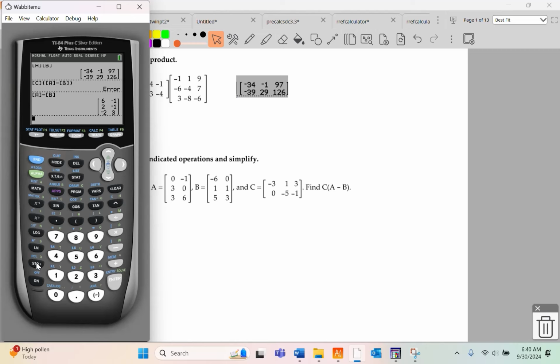There's a little store key right here next to the 1 and the 4, into matrix D. All right, well, now I can do C times D. And there is an answer.